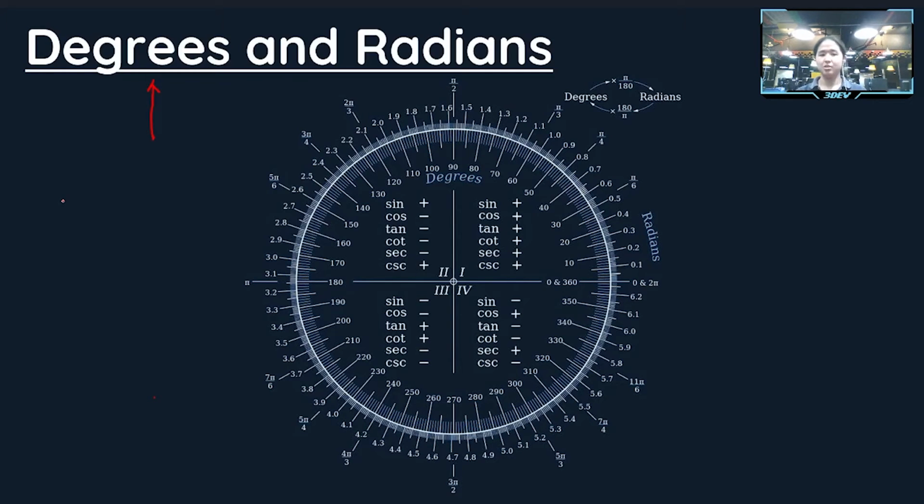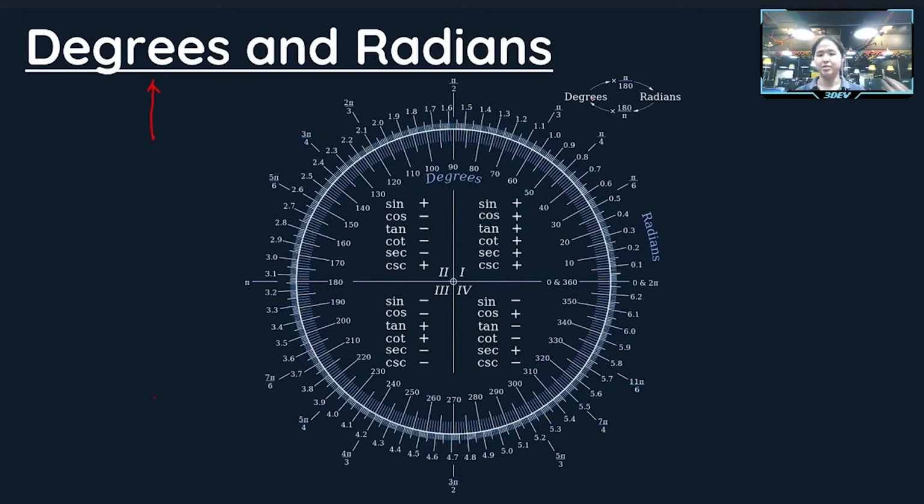Most commonly we use degrees, and we have another one, which is radians.